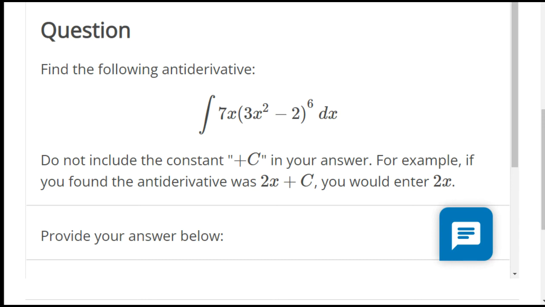You're either going to do the substitution or you're going to expand that thing out all the way so that it's a sum of terms, a polynomial that you can integrate term by term. And since no one's going to do that because it's to the 6th power, then you gotta make your substitution.